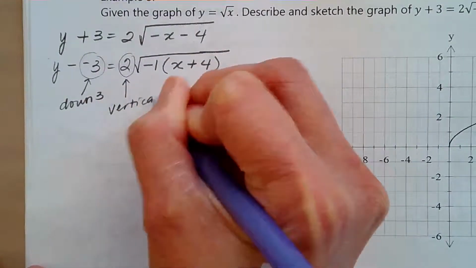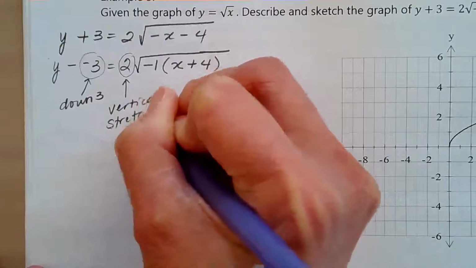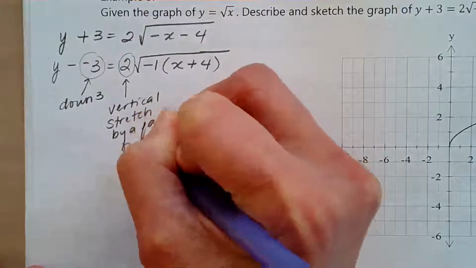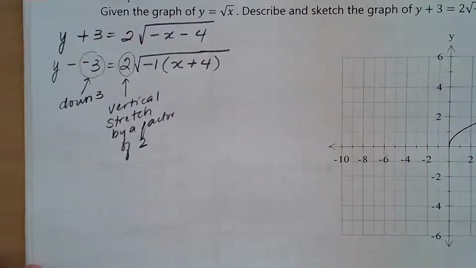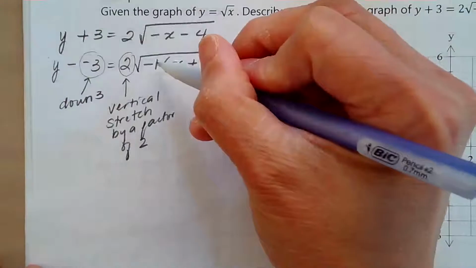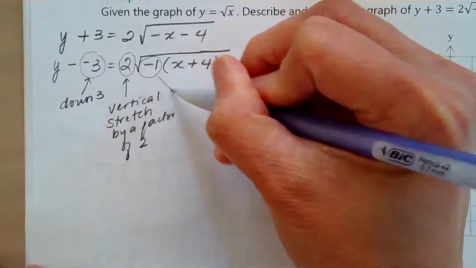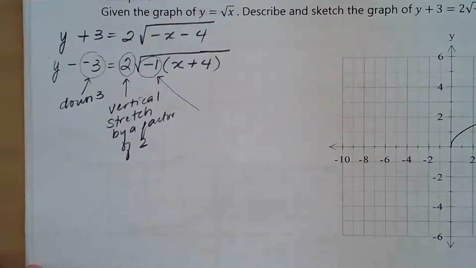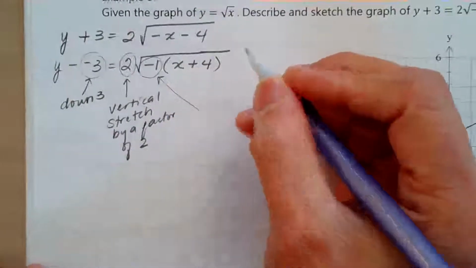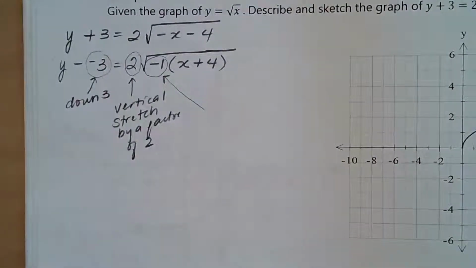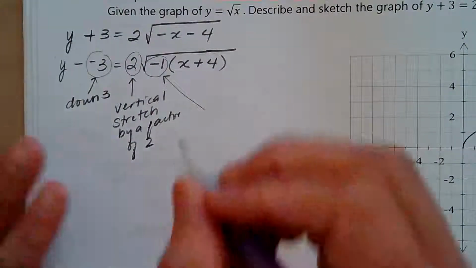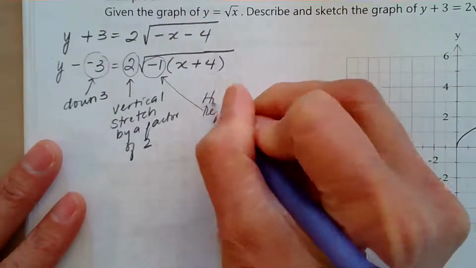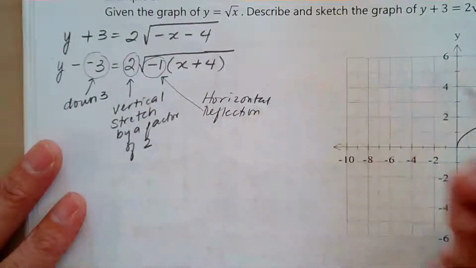This is the vertical stretch by a factor of 2. What does the negative 1 mean? Reflection where? Horizontal reflection. There's really no compression or stretching horizontally, but there's a reflection. I just put horizontal reflection.